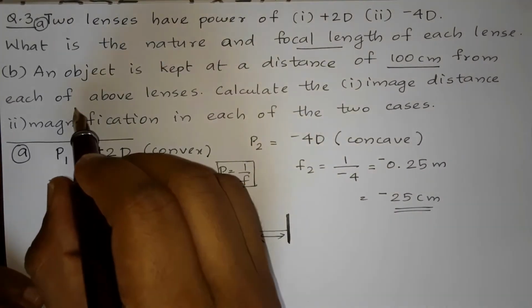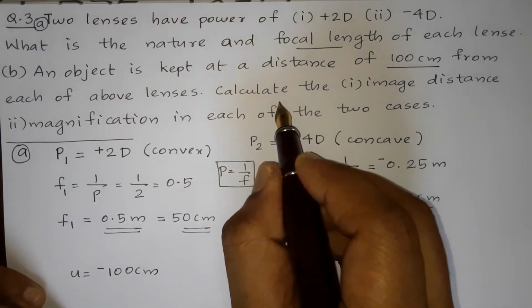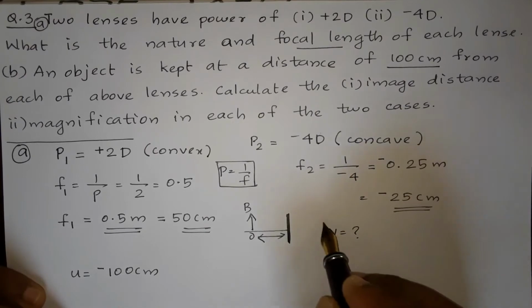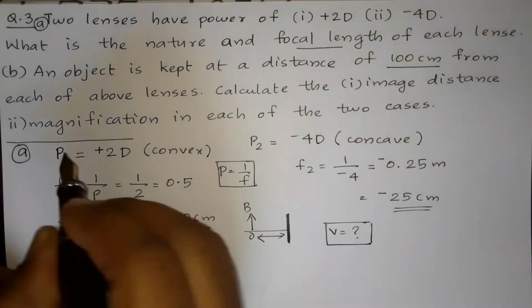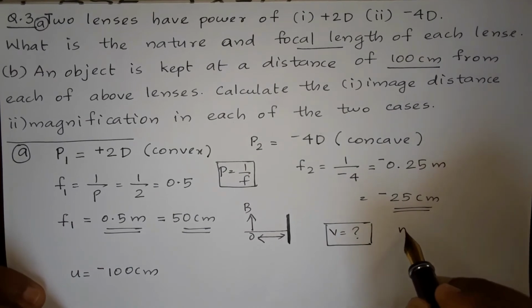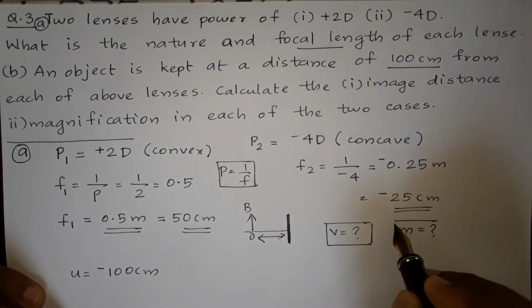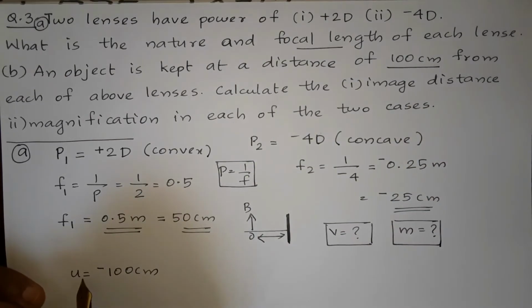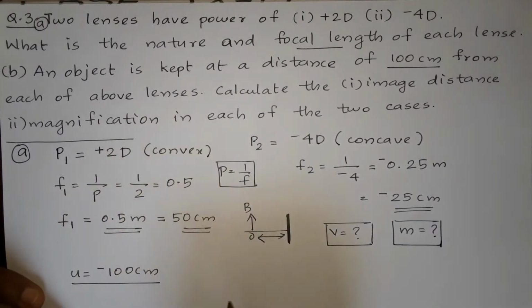Now calculate the image distance, that is we have to find v, and magnification in each of the two cases, we have to find m also. We have to find v and m. u is given, and f also we know.